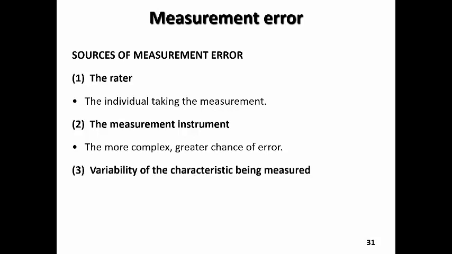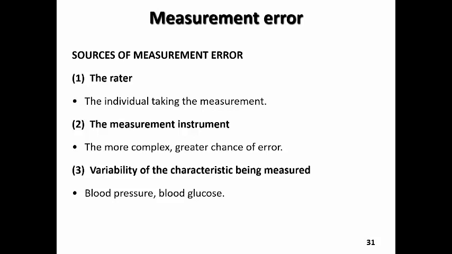And the third major factor that contributes to measurement error is the actual item or the actual variable that is being measured, the characteristics. So two examples here are measurements of blood pressure, measurements of blood glucose. These two physiological measures do inherently vary day to day and do vary within a particular day.